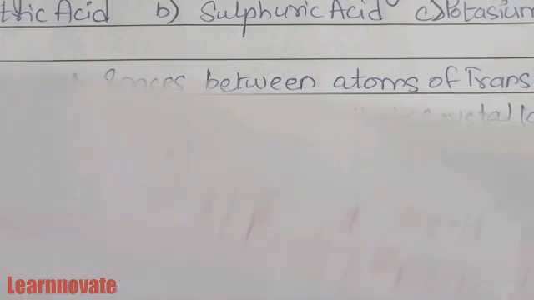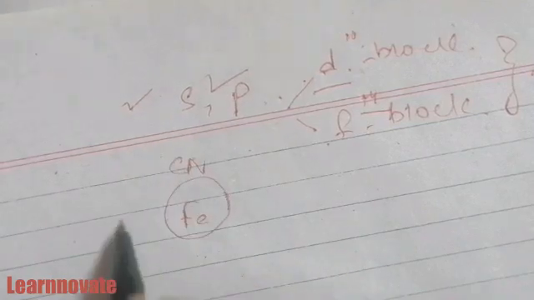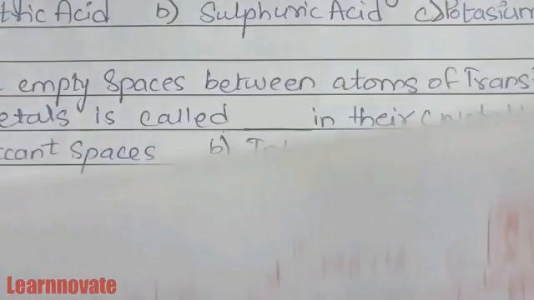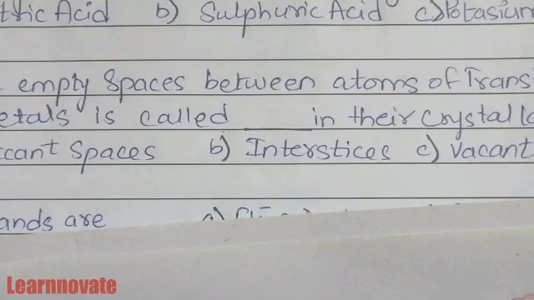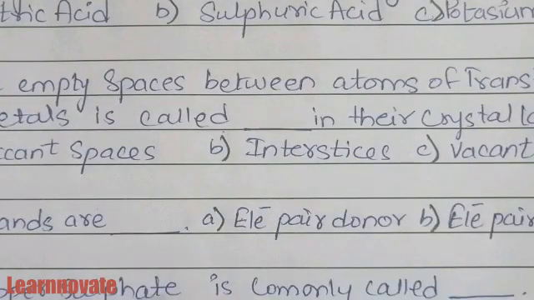As you should know, the transition elements form a complex ion. If this is a metal that is surrounded by the ligands, the ligands are always the electron pair donors. Because the transition metals form the complex ion, ligands act as electron pair donors to the metal. So option A for this question is correct.